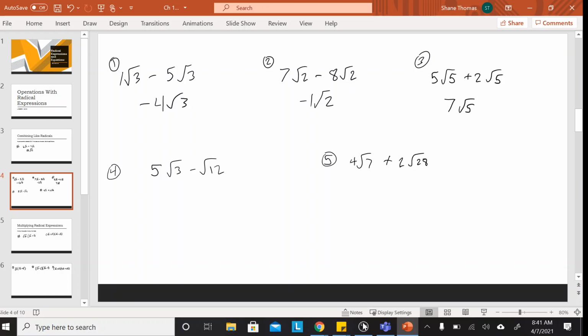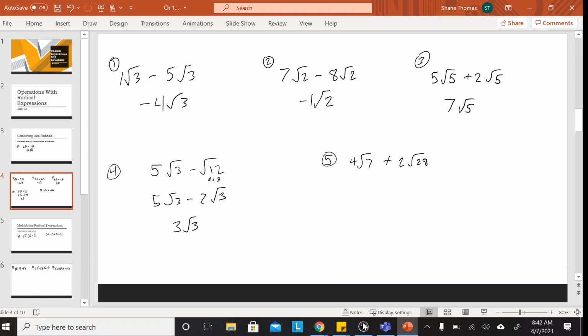Okay. Russell, number 4, what do you have to do first? What's it break down to? Yep. So then now you have 5√3 minus what? 2√3. Can I combine them now? Yes. So what do you get? 3√3. Okay. Maurer, what do you do on this one first?